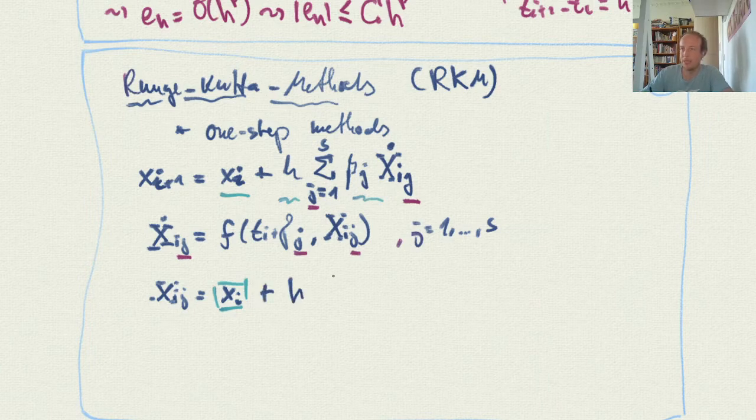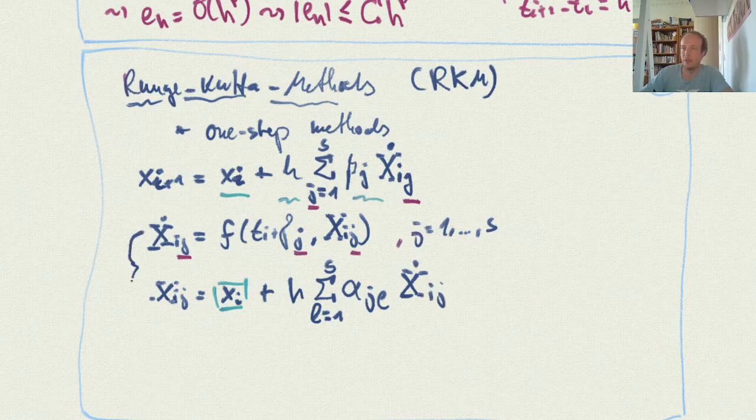Here we have the h, and also the sum. Now the j is already taken, so we take the l to sum up the alpha_jl. These alpha_jl are more or less these beta, but for every j we need another one. And here we have again these stage derivatives xi_l dot.